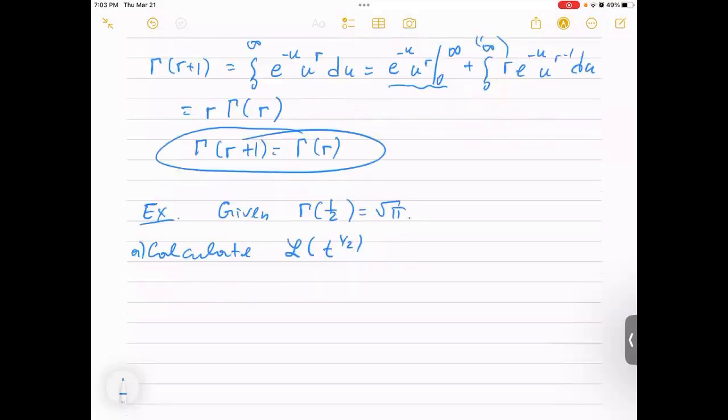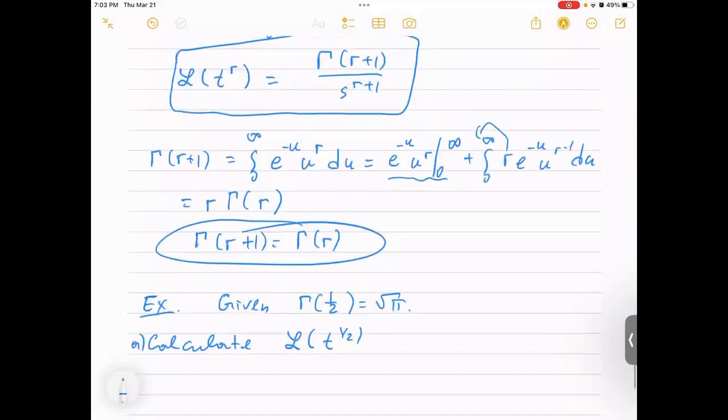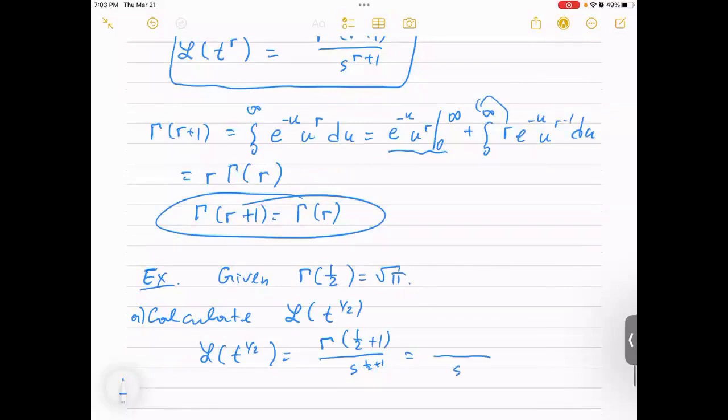By the formula which we obtained earlier, the Laplace transform of t raised to 1/2 equals the gamma function of 1/2 plus 1 divided by s to 1/2 plus 1. And we're going to get s to 3/2 on the bottom. Now, to calculate the gamma function at 1/2 plus 1, I'm going to refer to this formula.